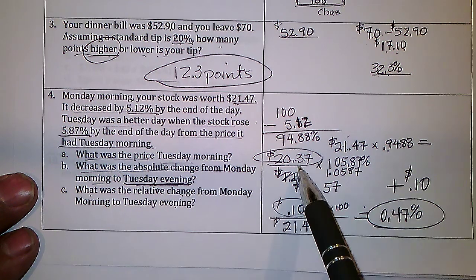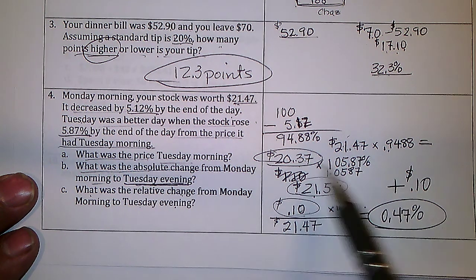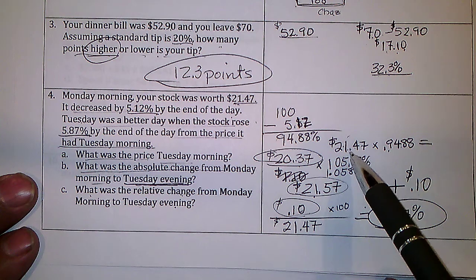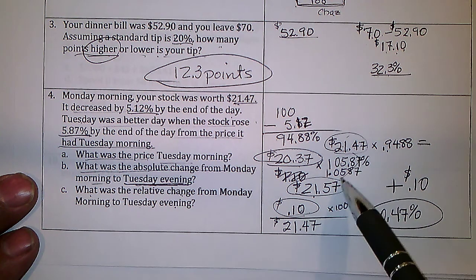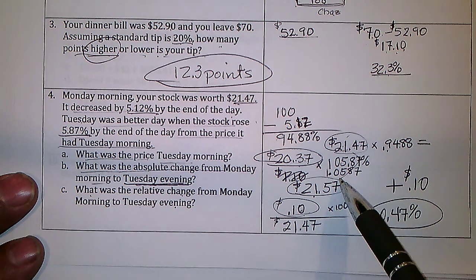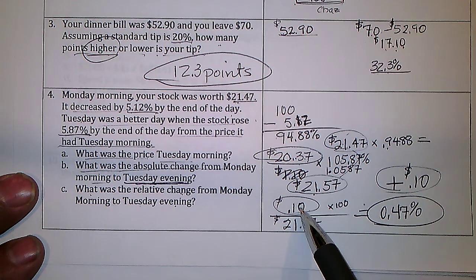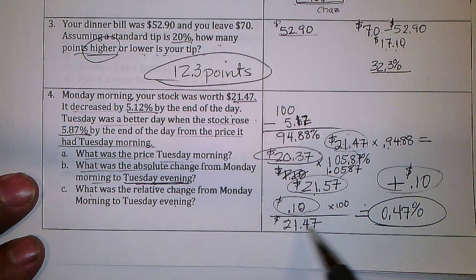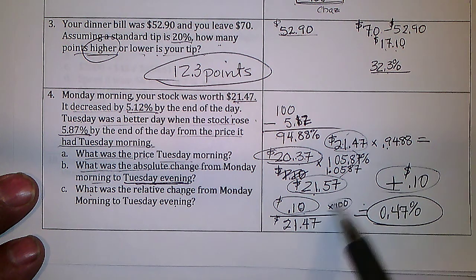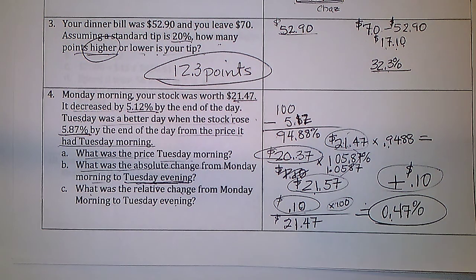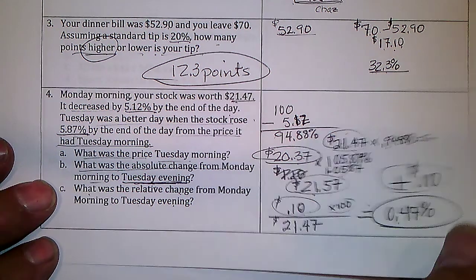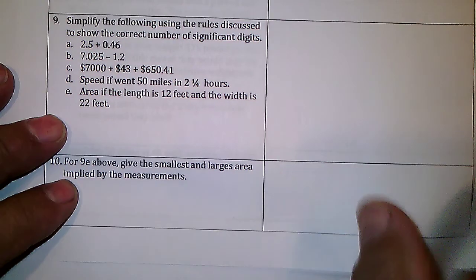So it went to there, then it went back up to here. So from the first day to the end of the second day, it went up plus 10 cents. That's the absolute change divided by the starting amount. Change it to a percent, and you get the relative change. Okay, page 2.